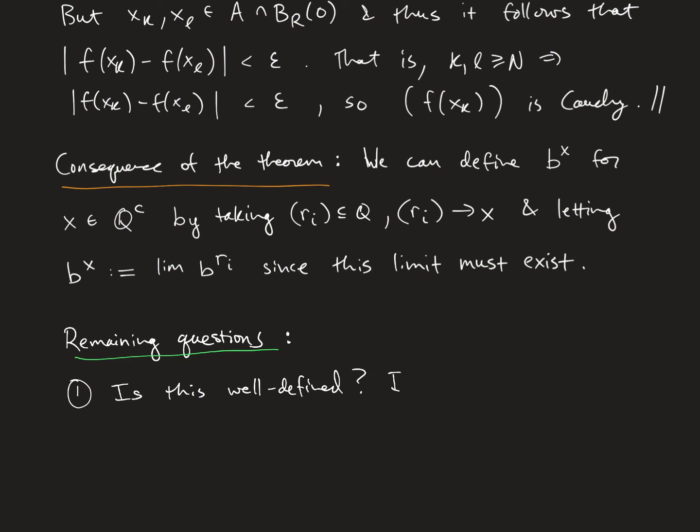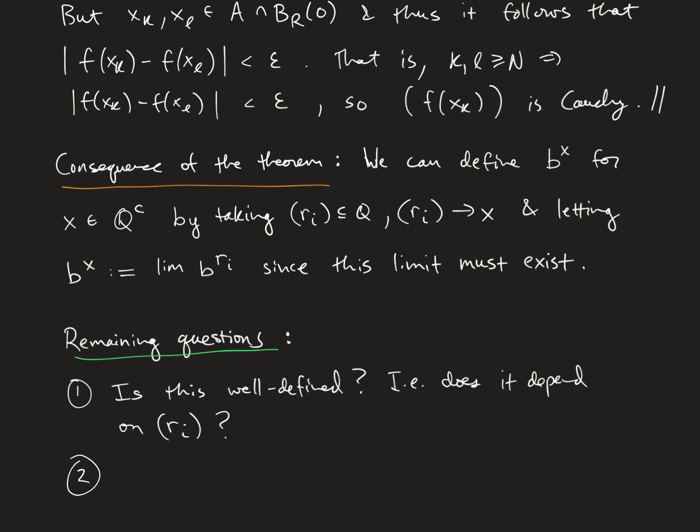That is, does it depend on the rational sequence Ri? In other words, I just took a random rational sequence that converges to x, but there are going to be other sequences which converge to x. So does that give us the same definition? Does that give us the same b to the x value?